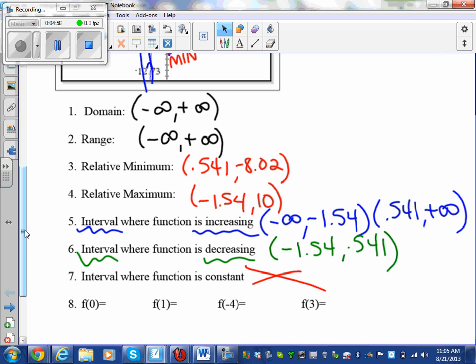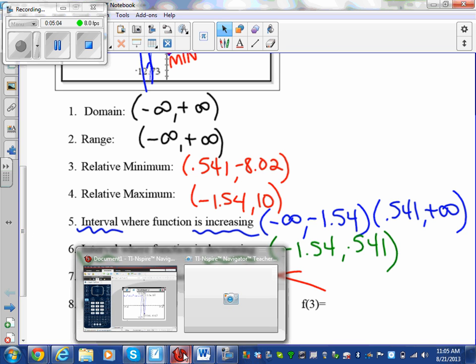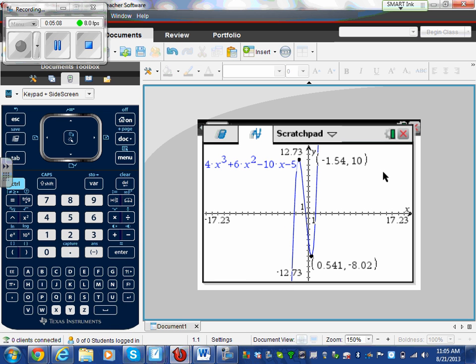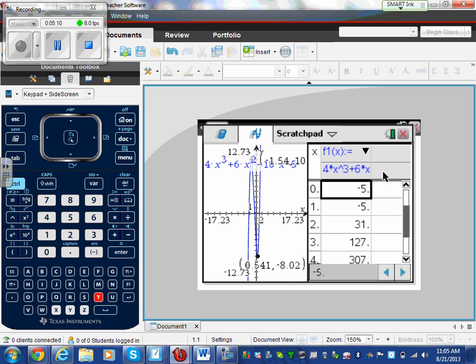Last part, evaluating the function for these x values. You can plug them into the original function on your own if you want, or use your graphing calculator to your advantage. You can see right here, you have the graph up, Control T. You can just look up those specific ordered pairs right from this table.